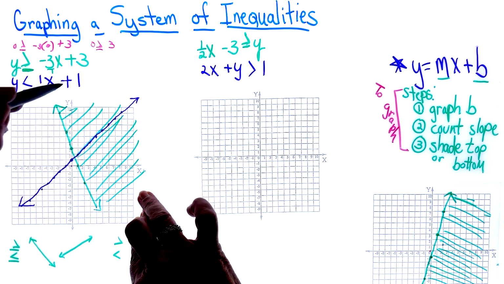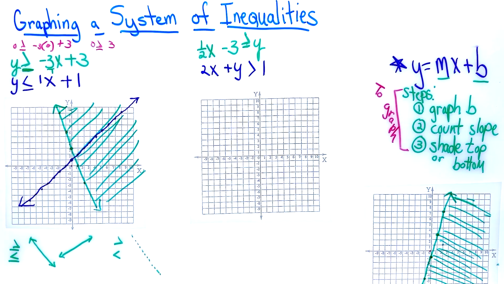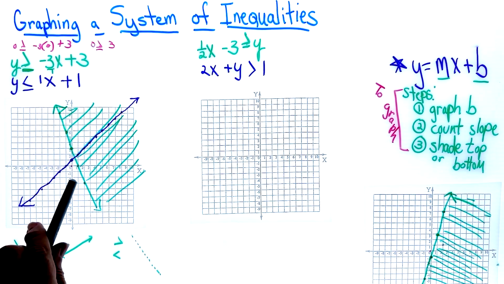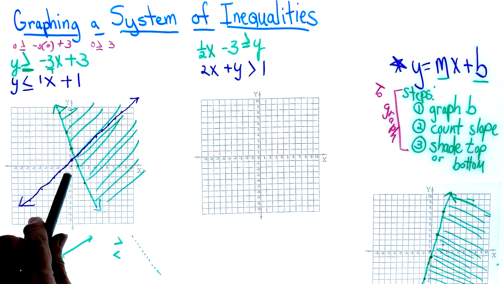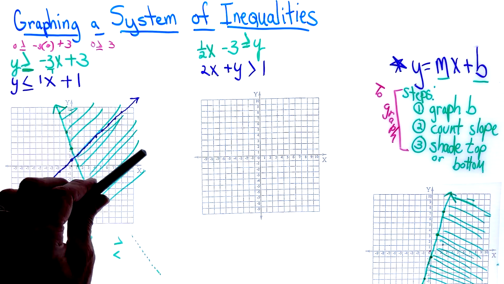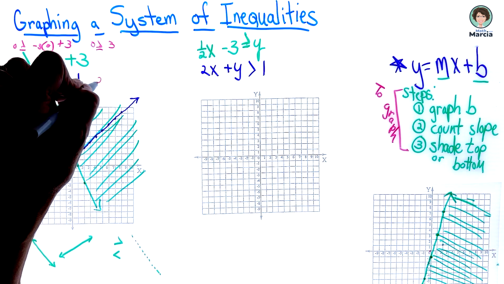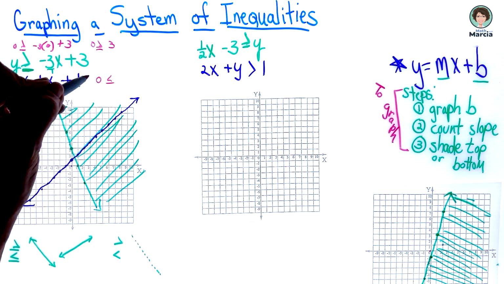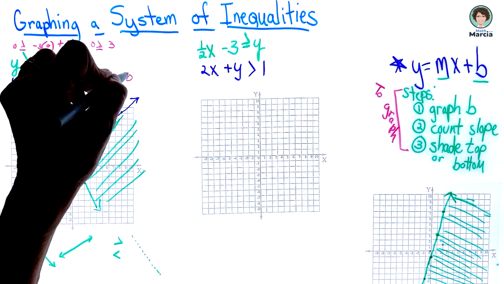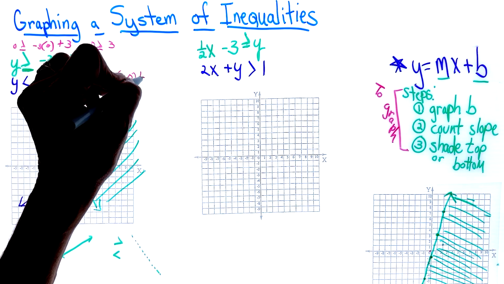So I like to check that 0, 0 that I have right here marked, because if I get a true inequality for that, then guess what? I'm going to shade the bottom half of my purple line. So I am going to substitute in 0, 0 into this inequality, and I get 0 is less than or equal to 1 times 0, we know is going to be 0, plus 1.